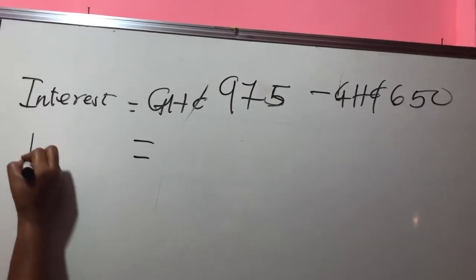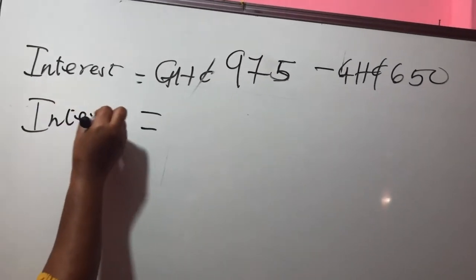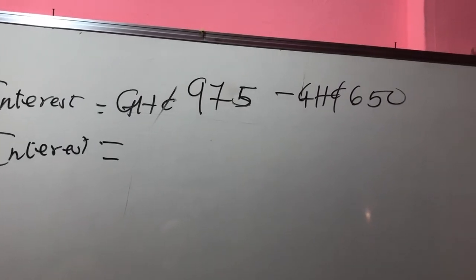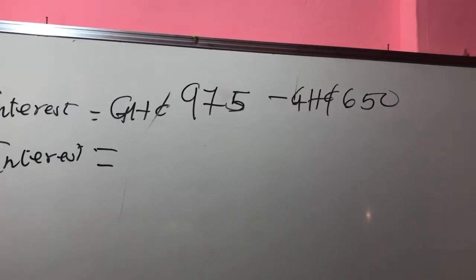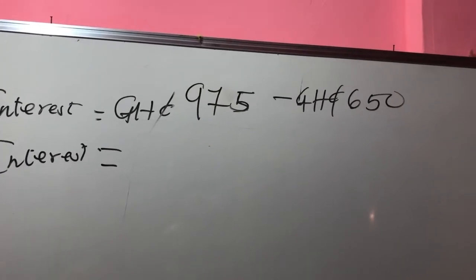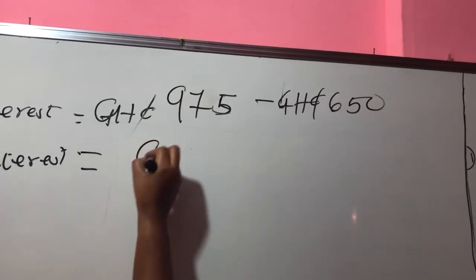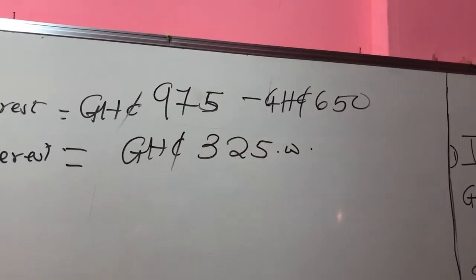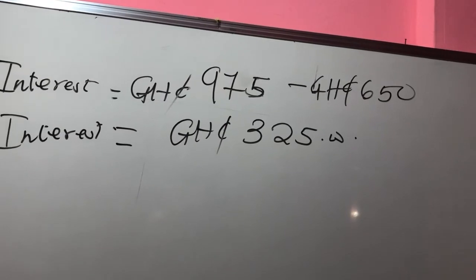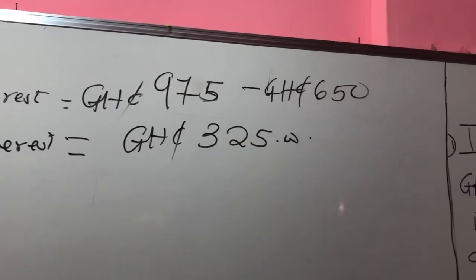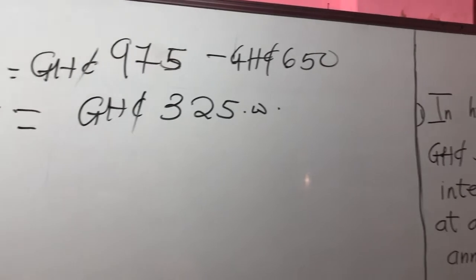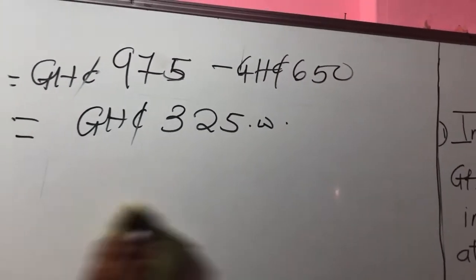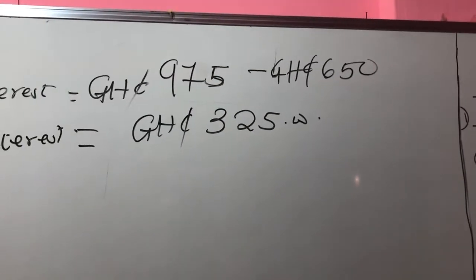So we are finding interest. So our interest is 975 minus 650. So we have 325 Ghana cedis. So this is the interest.